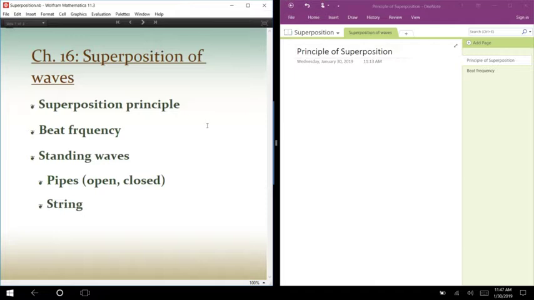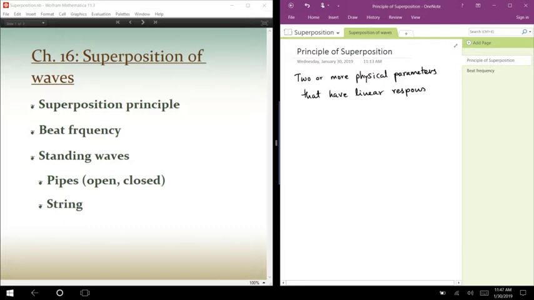The principle states that two or more physical parameters that have linear responses can be added together to find the net response.